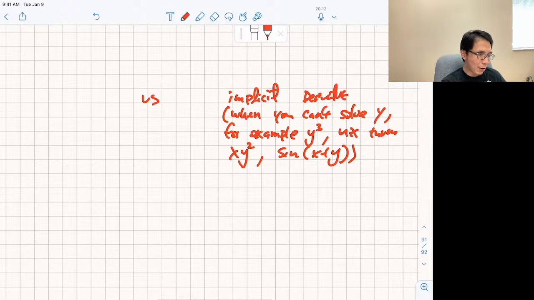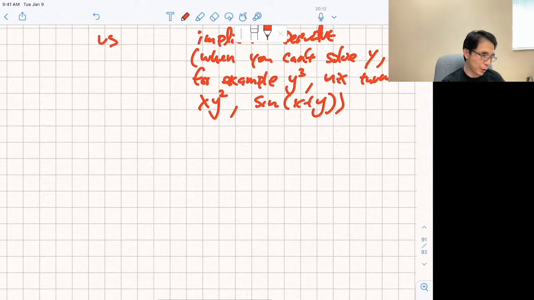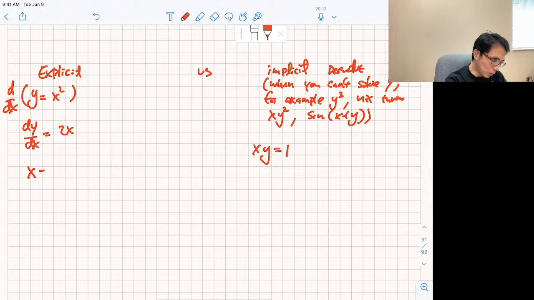Now I'm going to show you how implicit works, but it's going to be very fast and you probably won't understand it. Take xy is equal to 1. We're going to do it two different ways, explicit first. Explicit means you have to solve for y.